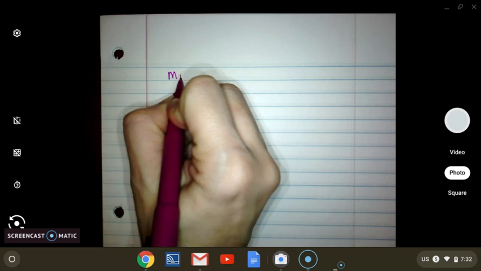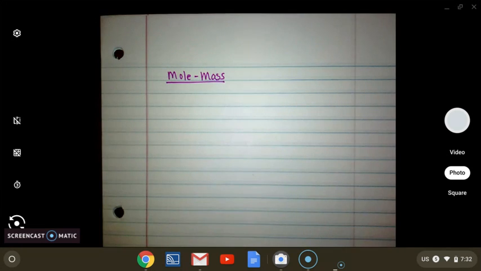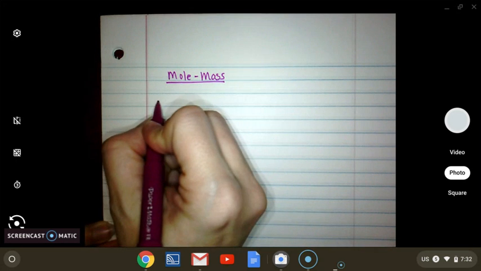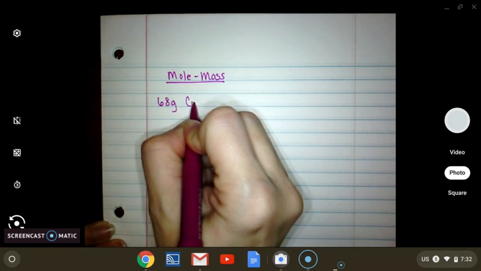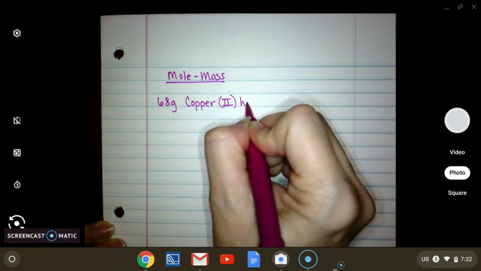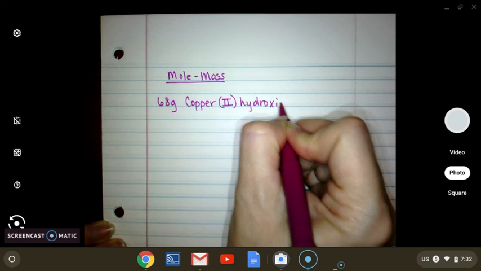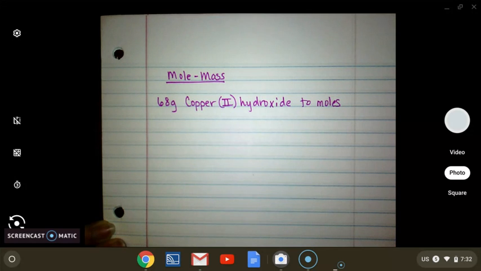All right, then the next one was your mole mass. Remember, this is a 2-step problem. First, you find the molar mass, like what we just did, and then you either convert from grams to moles or moles to grams. So the first one we're going to do is 68 grams copper 2 hydroxide, and we're going to convert it to moles.